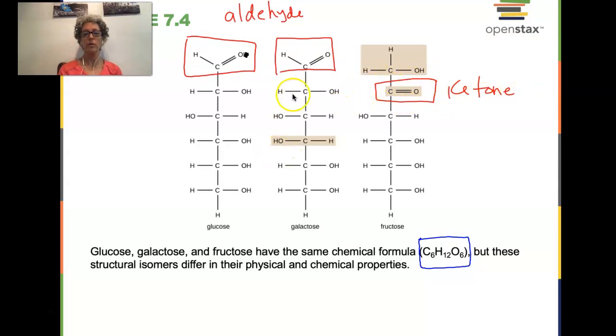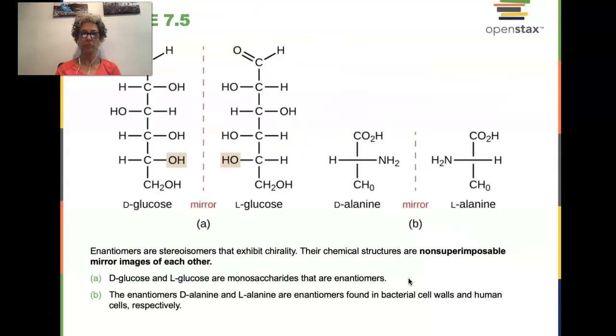So I remember the difference between an aldehyde and a ketone, because a ketone is somewhere like a keyhole in the middle of a molecule, and aldehyde's the other one. You just got to memorize that. But because they have different arrangements of their atoms, these 3 sugars have different chemical reactivities and different binding capabilities.